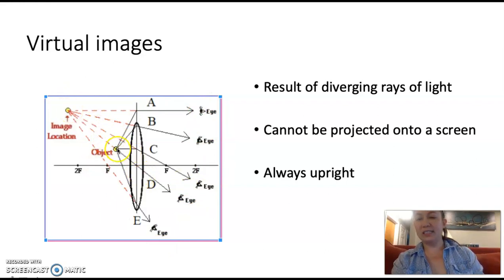So in this case, my object is right here. So maybe this is the flame of a candle. But my eye would see that candle farther back behind the lens and much, much bigger. This is what a magnifying glass does, right? So virtual images are going to be not always larger, but they will always be behind the lens on the opposite side of your eye where the rays have diverged from each other.